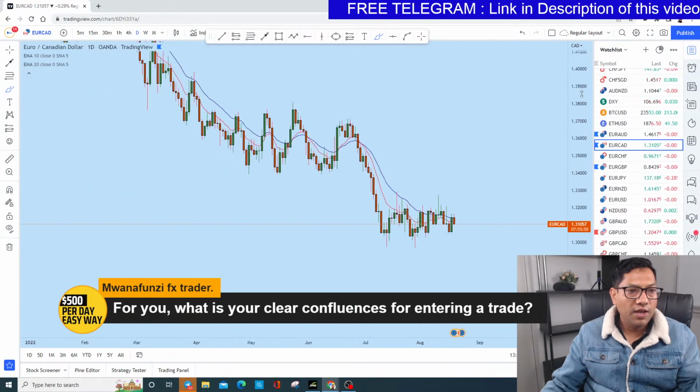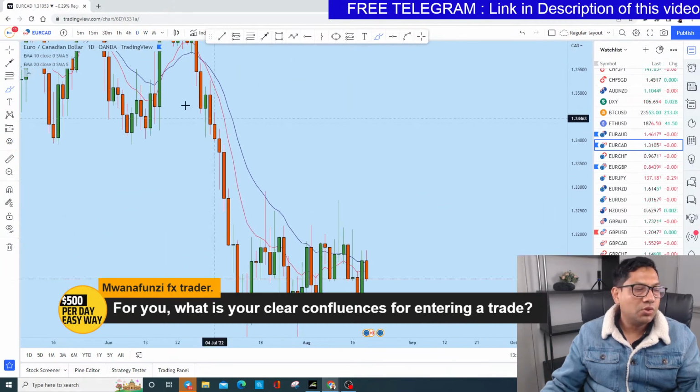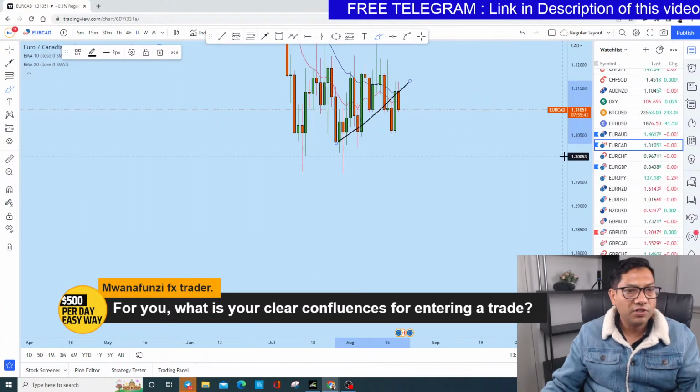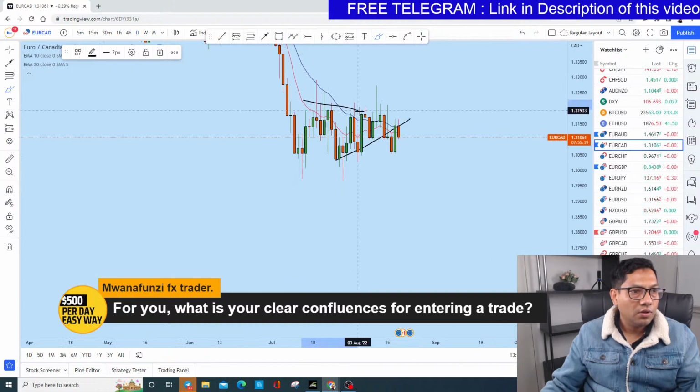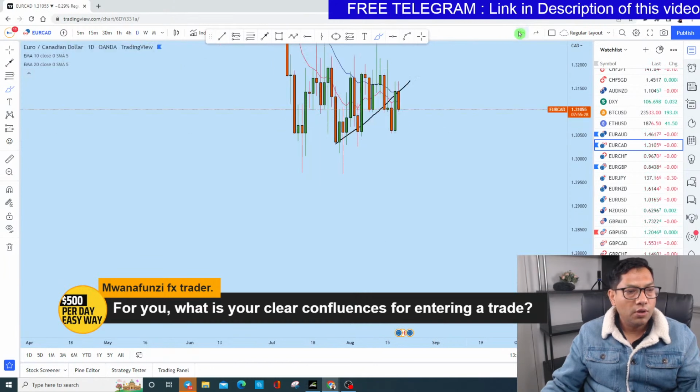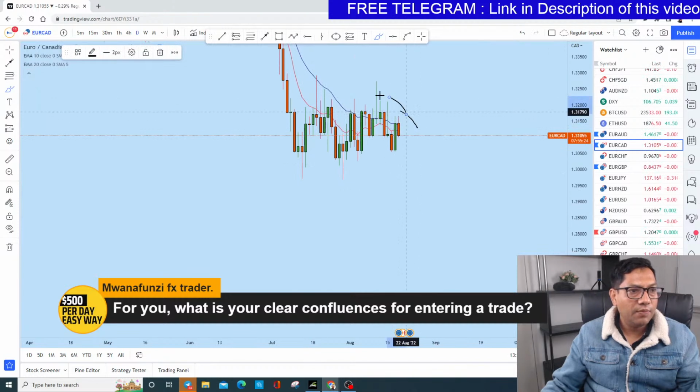Now on the daily you see that the price was consolidating and then created this pattern, first of all this triangle on the daily, and then with this green candle, red candle, it broke out of this consolidation. And look at the highs of the candles. You see every day the price was creating a series of lower highs. So monthly, weekly, daily aligning for the bearish.